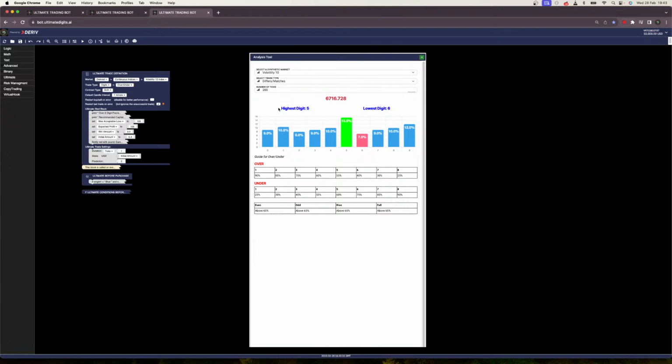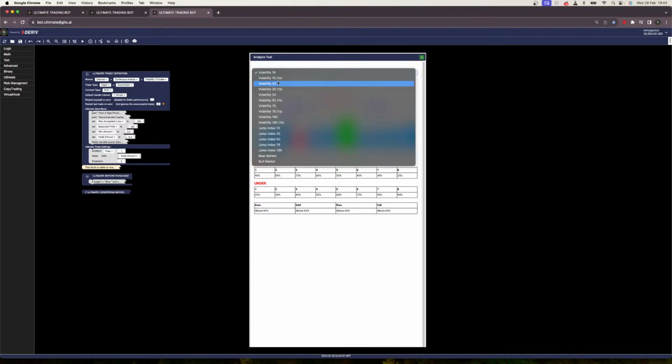I will use the tick analyzer to show me the current digit statistic of maybe digit 0, 1 and 2. If they are below 10%, it will be a perfect time to run the bot. So you have to check on all the volatility index markets.